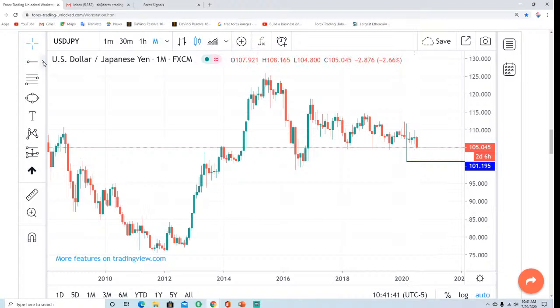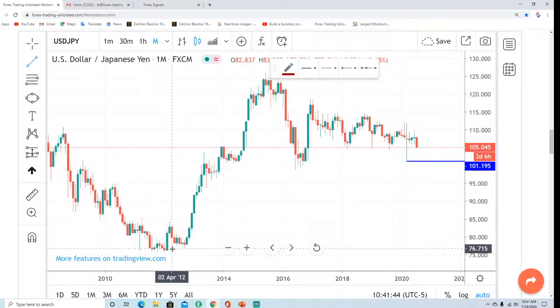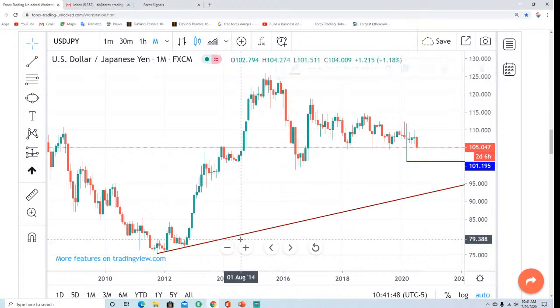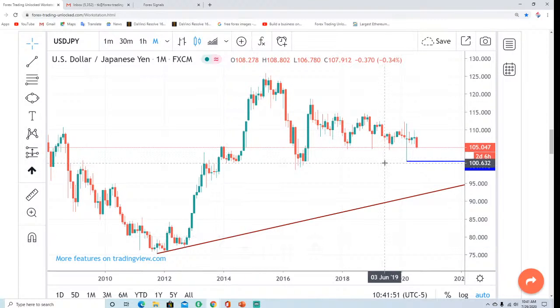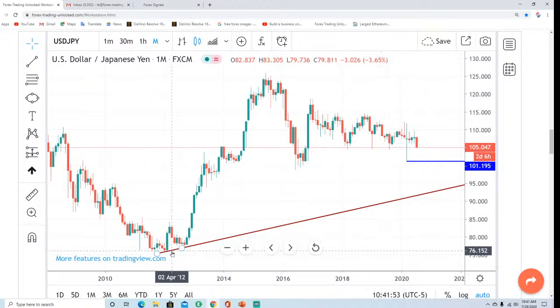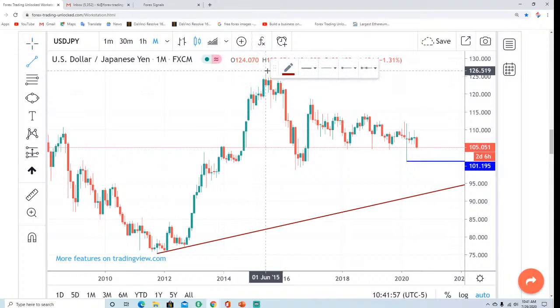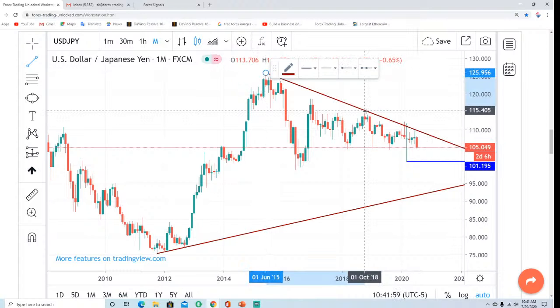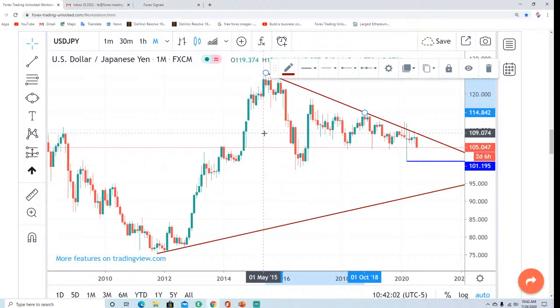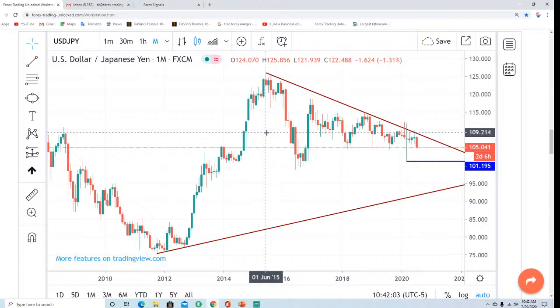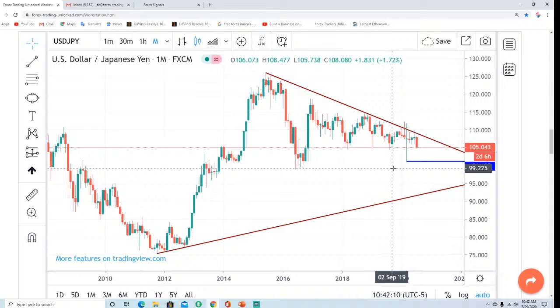Well, here's something that you might want to take a look at. If we look at the overall trend line here, this little support line here kind of maintains the bullish move from 2012. However, we know that this market hasn't been rallying for the past few years, because since back in June of 2015, this market topped out, and we have been trading lower since then.